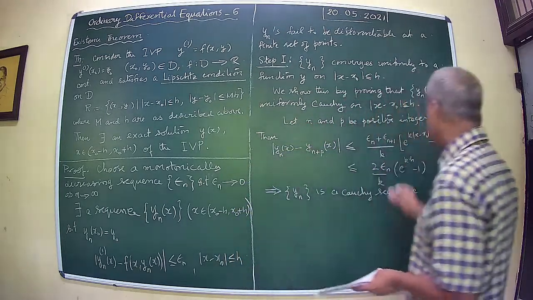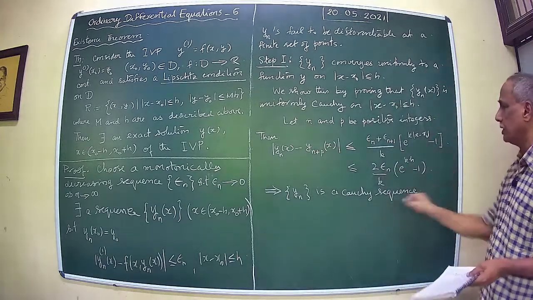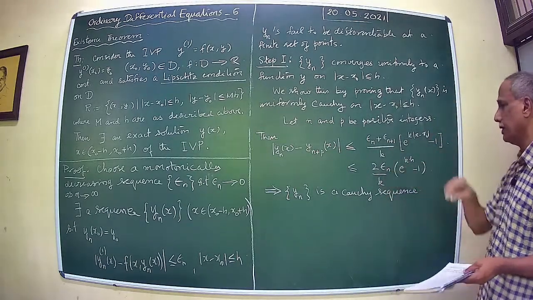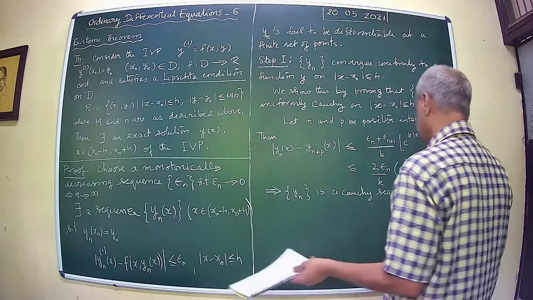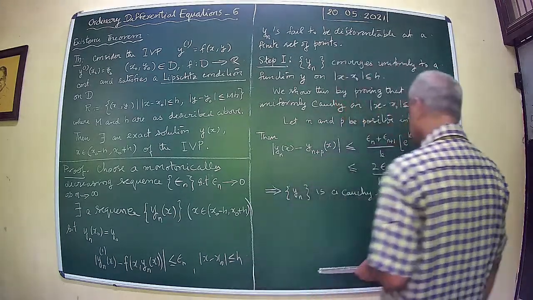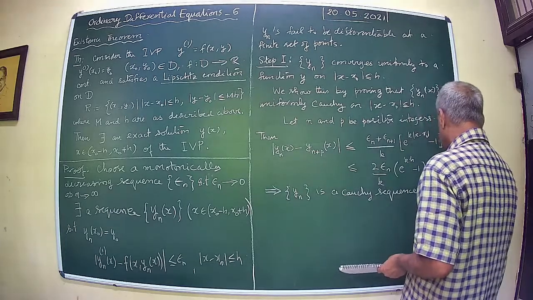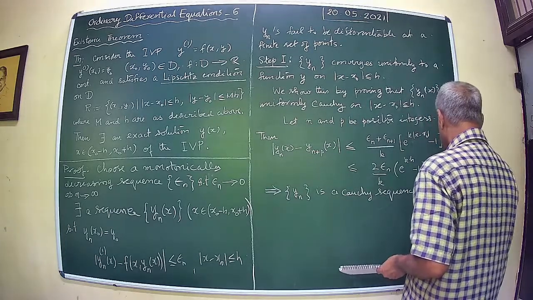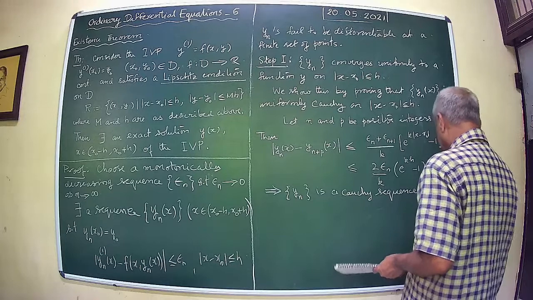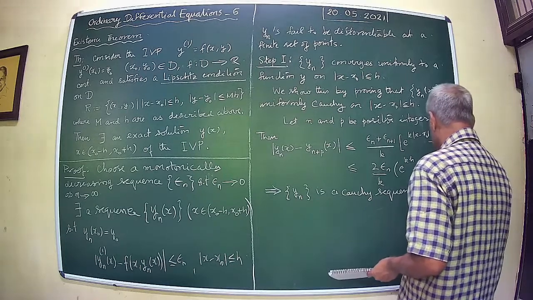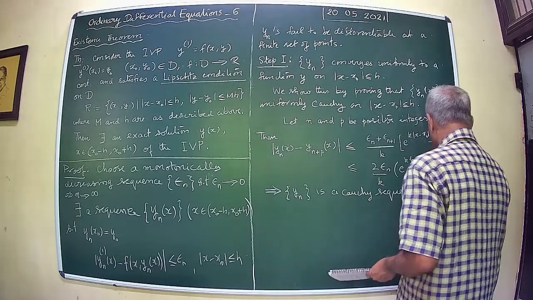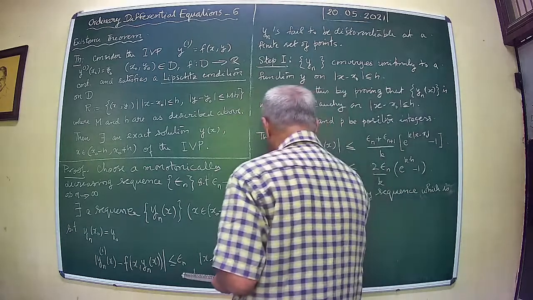So you can immediately run the argument: choose an epsilon, and corresponding to that you have this epsilon and so on. So you have this is a Cauchy sequence, which is uniformly Cauchy.